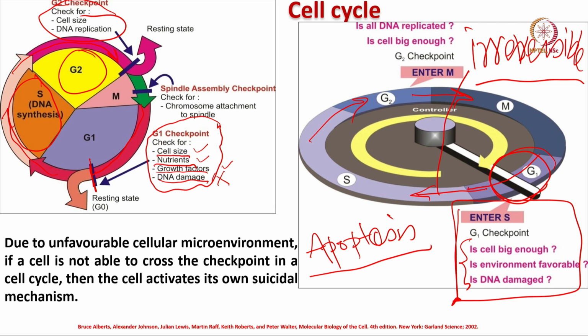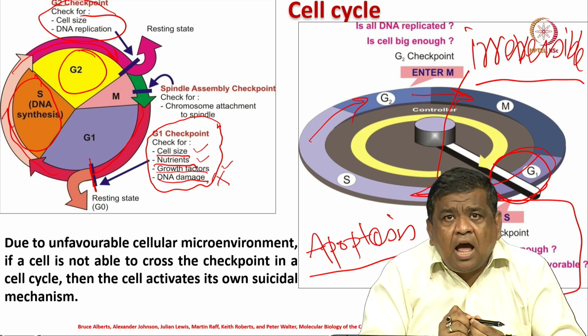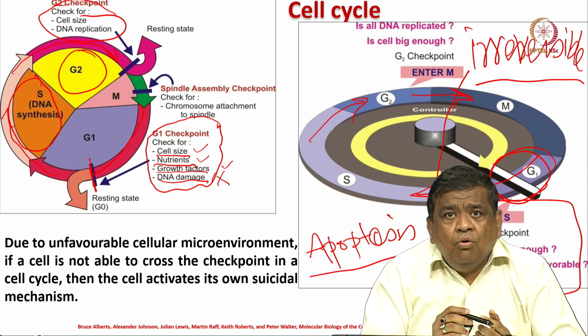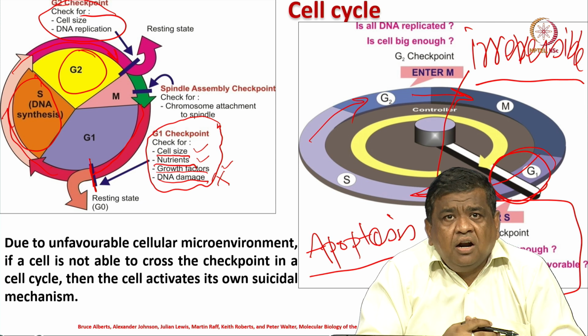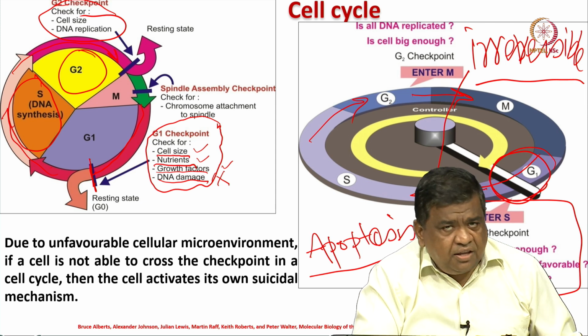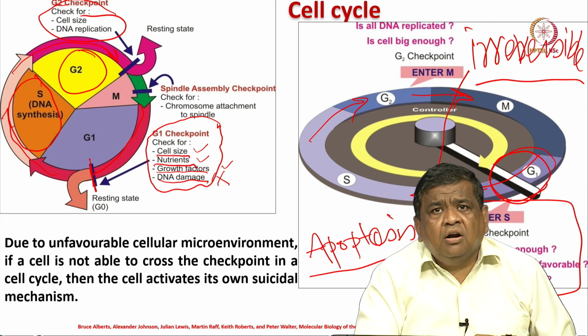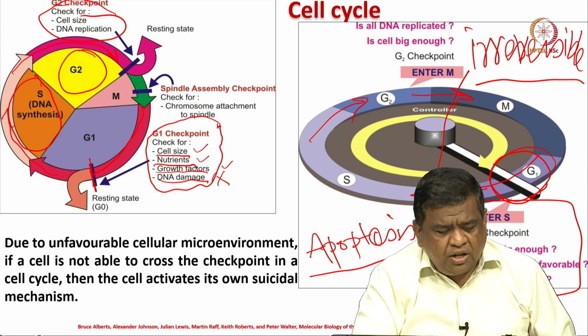Second, if a cell is stuck in a particular phase of the cell cycle, then that cell would initiate its own suicidal mechanism and undergo apoptosis, programmed cell death.